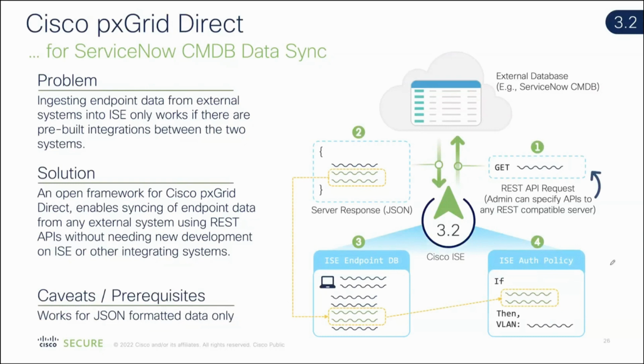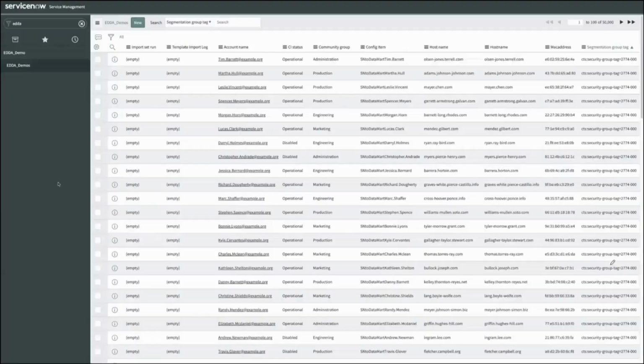It's exactly the same thing we're doing today, although instead of being added manually via API or via the GUI, it's done by syncing it via a REST API from an external server. And this is really cool because if you look at something like ServiceNow, there are well over 100 columns of data, and tens of thousands, hundreds of thousands of rows of endpoints potentially, depending upon the size of your organization.